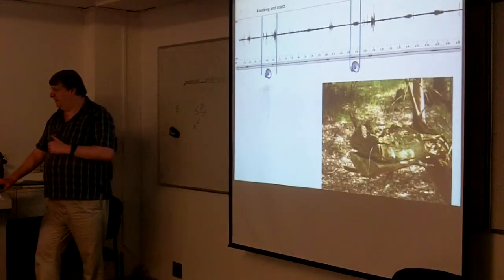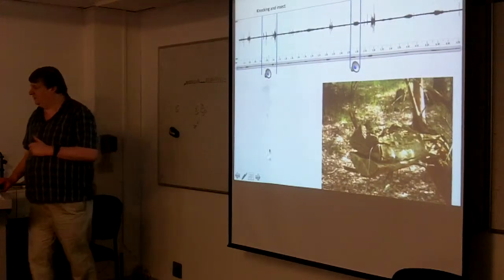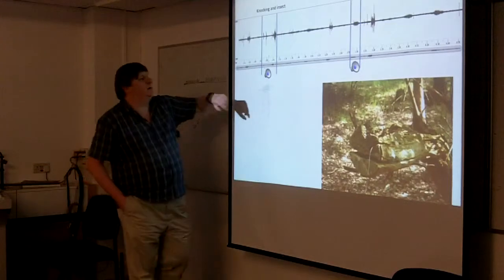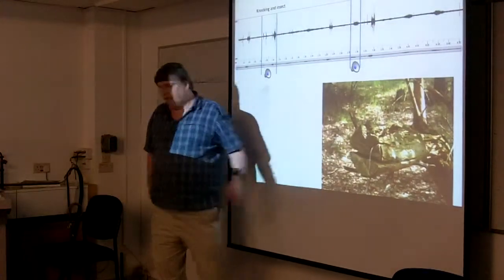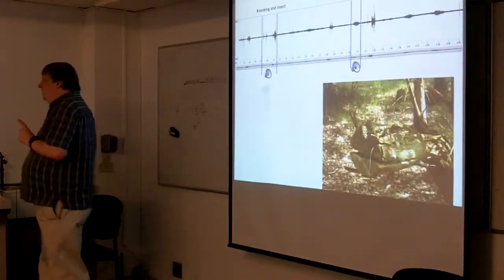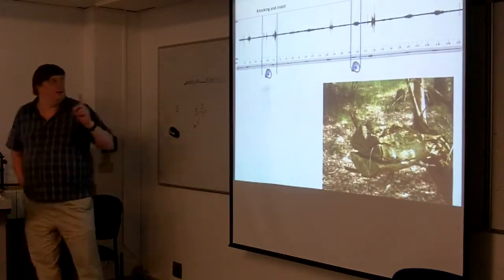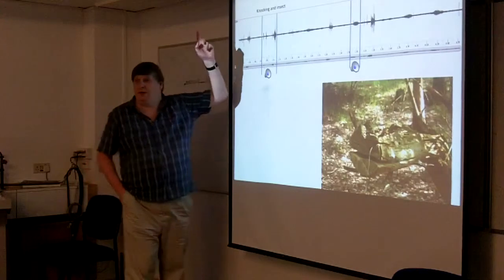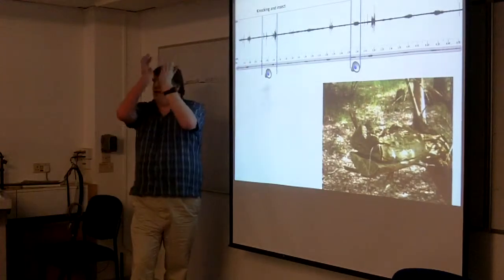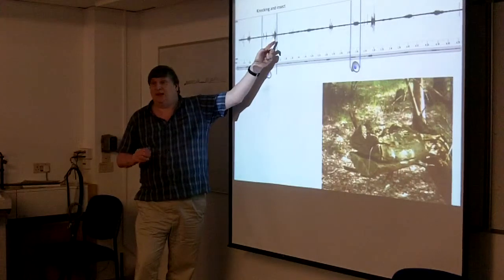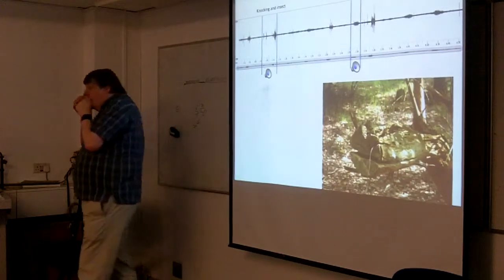So, let's see if we can listen to some sounds. This is inside this tree. 5, 4, 3, 2, 1, plunk. That's branches. Bang. That is an insect making a noise just by the sensor.